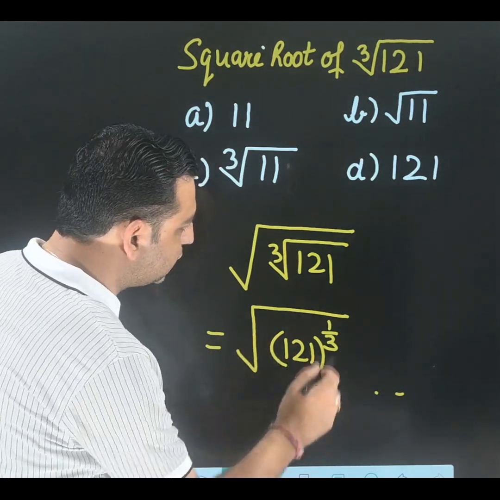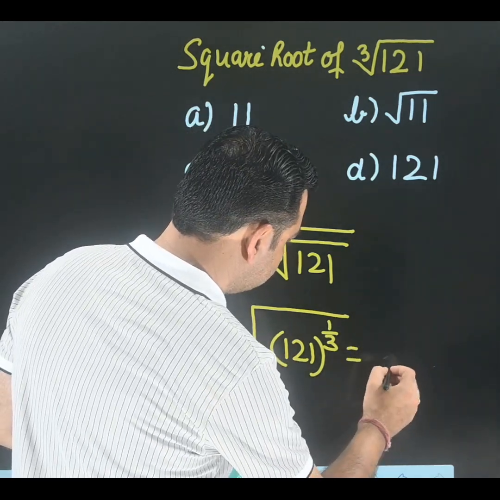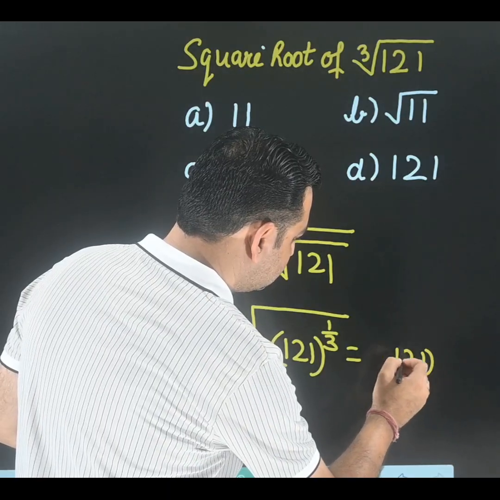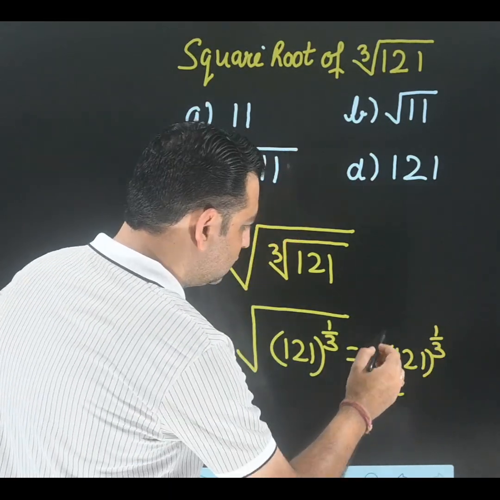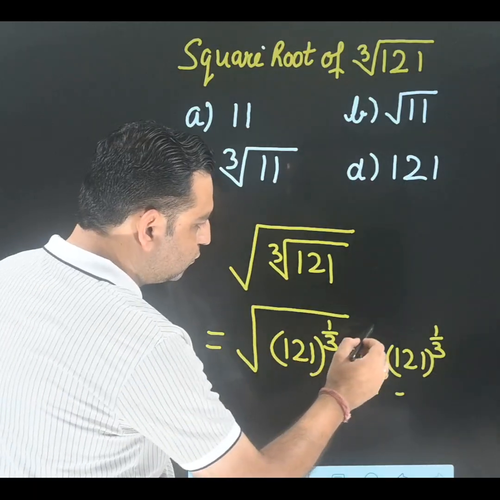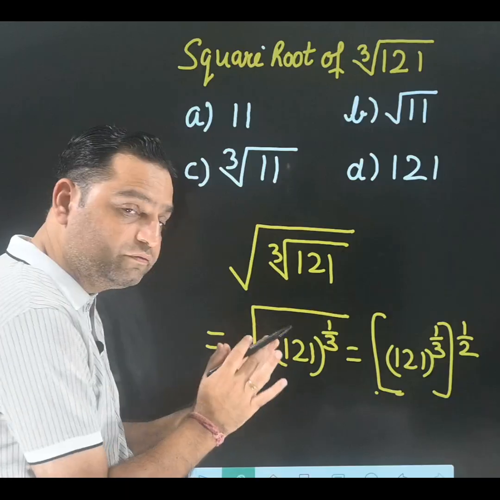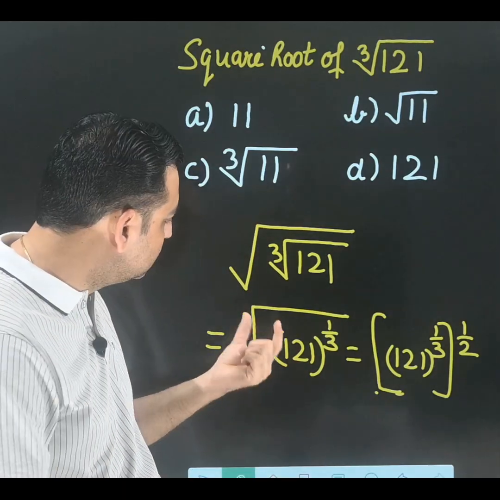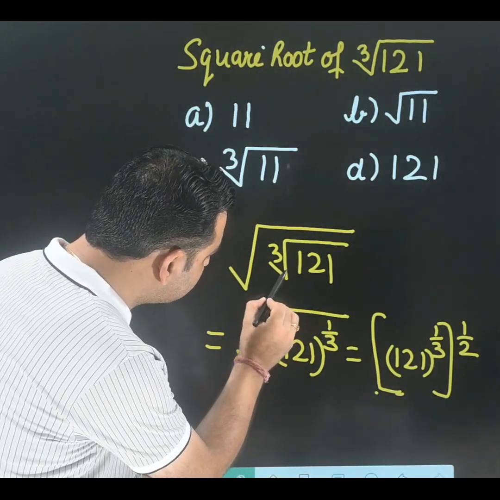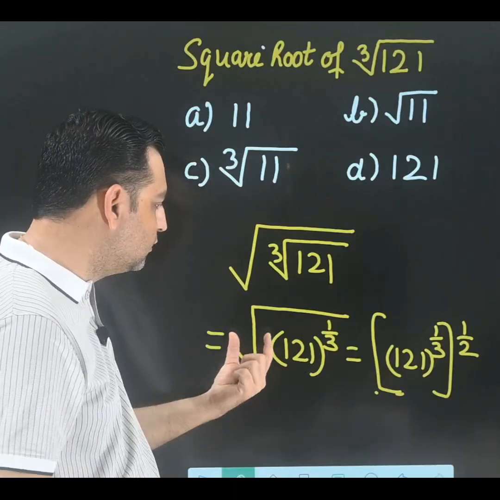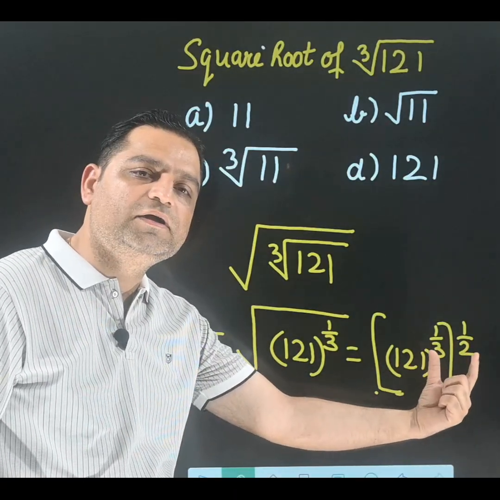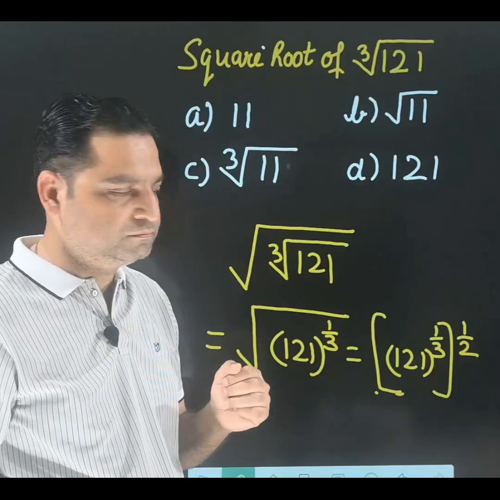Now further square root I am having, what can I write? 121 is having exponent 1 over 3. Now if I remove this square root, I can write it as power 1 over 2. See, I am going very slowly, each and every step I am showing. Firstly I converted this cube root into power 1 over 3. Then the square root is also removed; I have written it as a power of 1 over 2.